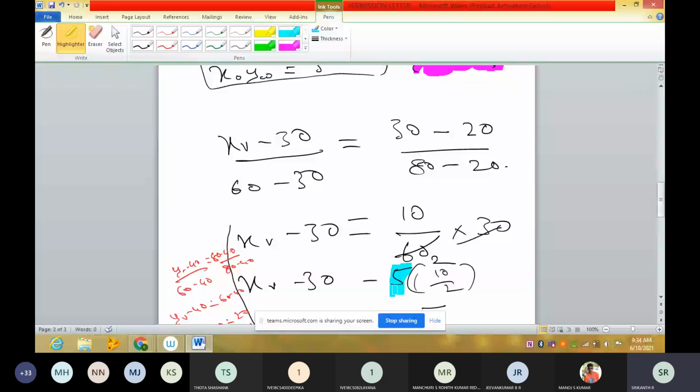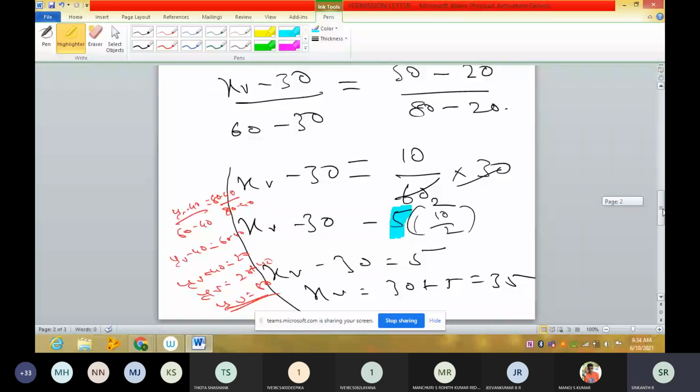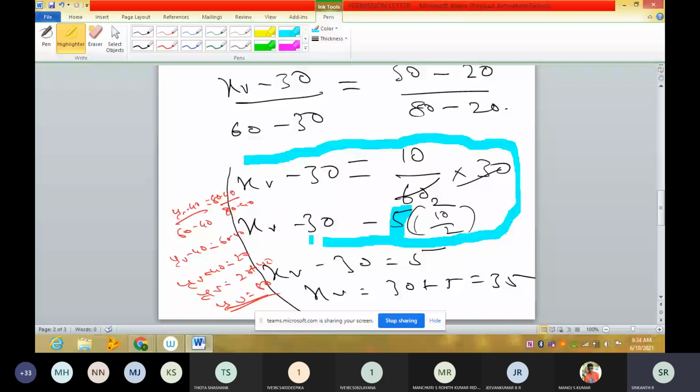See here, xv minus 30 is equal to 5. So xv is equal to 30 plus 5.